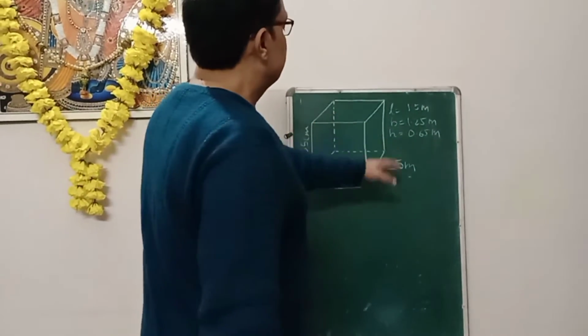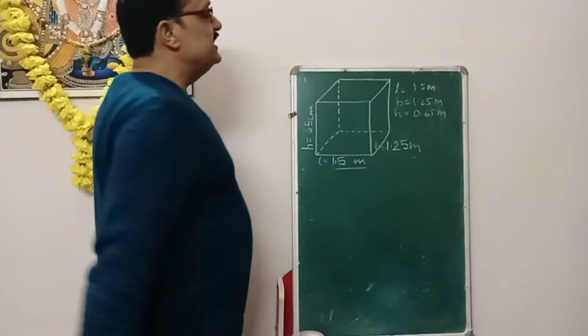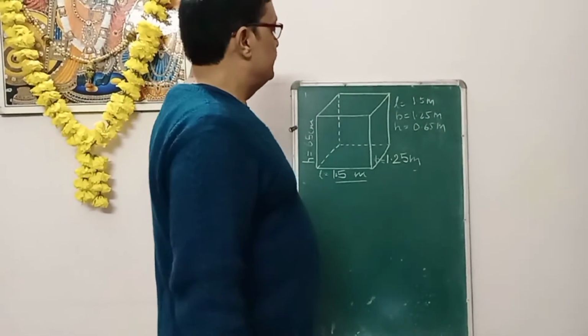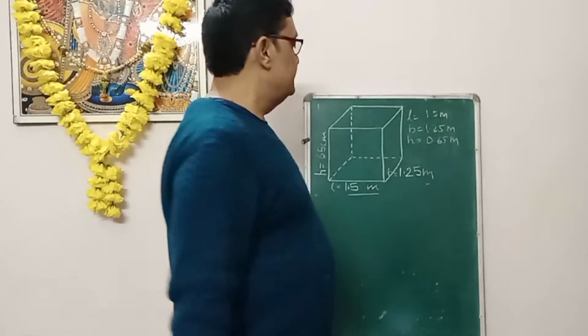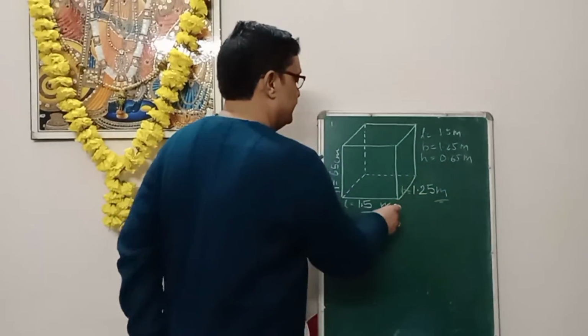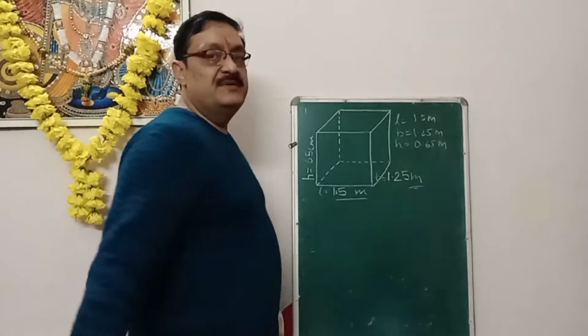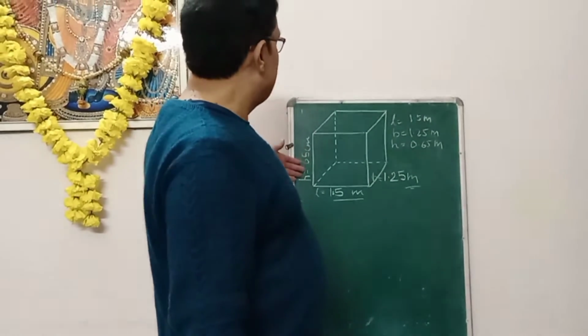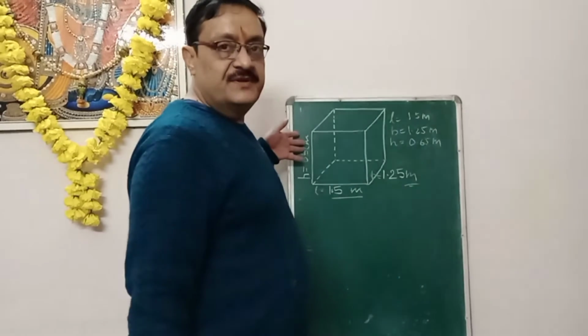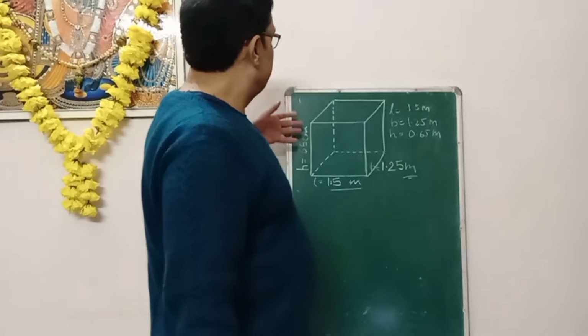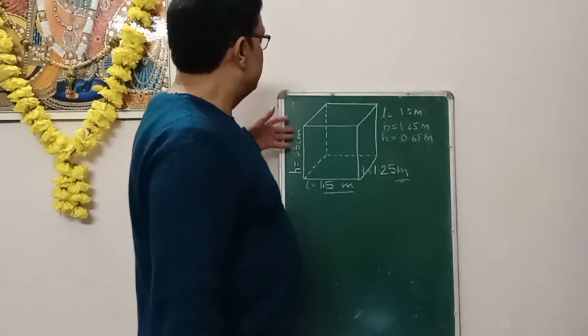The first thing in any of the problems which we come across, it is important for us to see the units of all the things. We see that length and breadth have the unit of meter and height has the unit of centimeter. So it is important for us to first convert this height into meter.